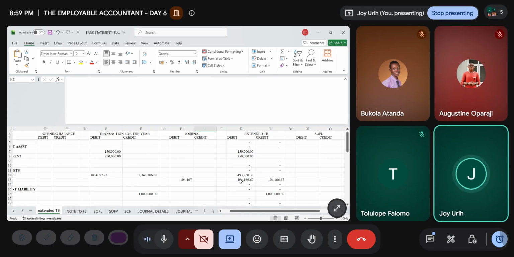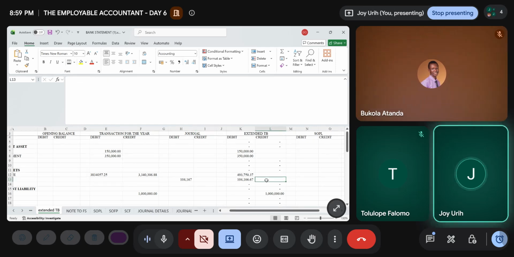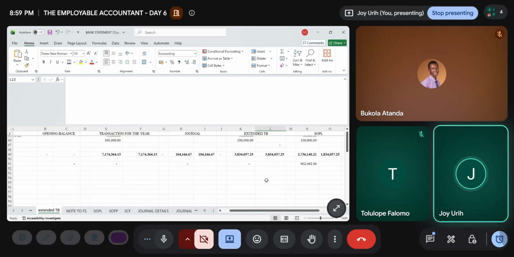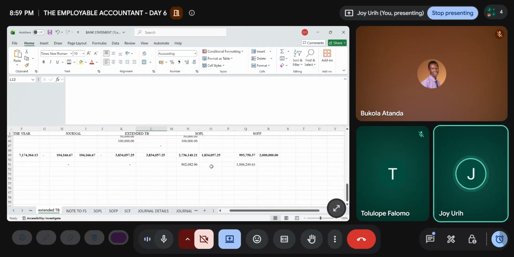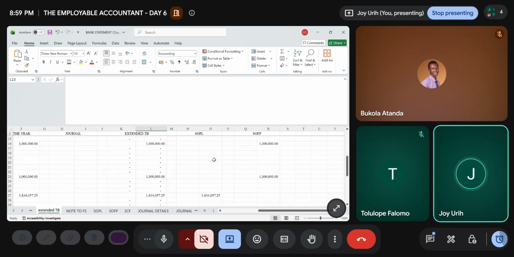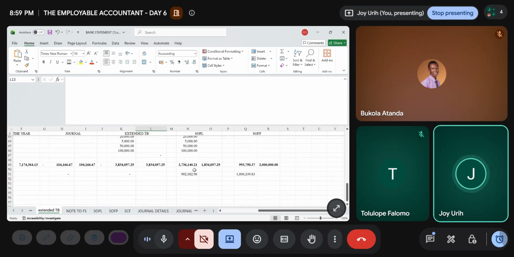It's supposed to appear only on the debit side. So I'm going to delete the one appearing on the credit side. With this, our extended TB will agree, right? So the next thing is, remember, when you are doing all of this adjustment, be checking all of your totals.